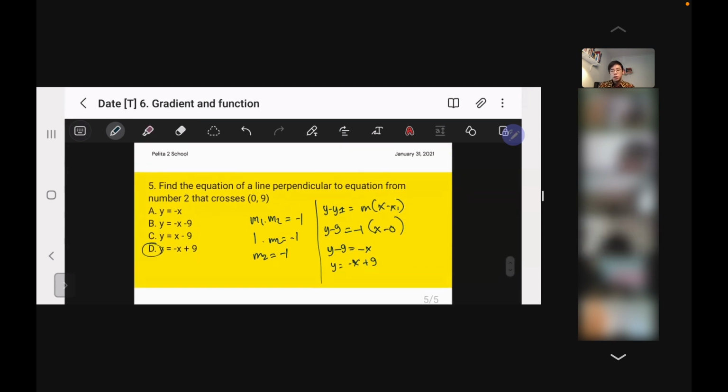So that's the discussion of the previous test. Not all of you got the ideal score, but I guess that's a part of the learning curve.